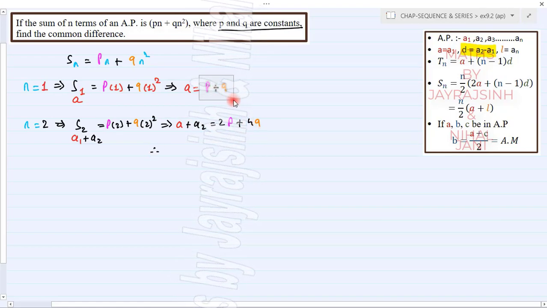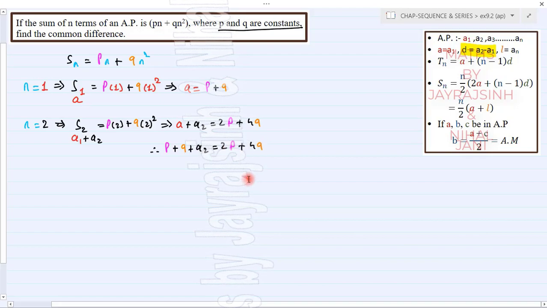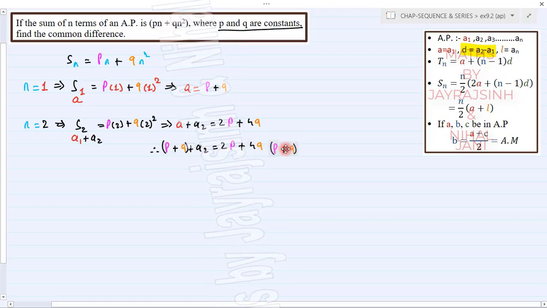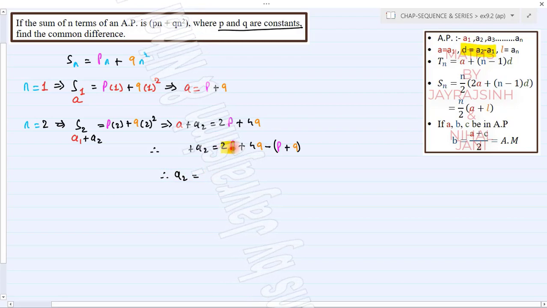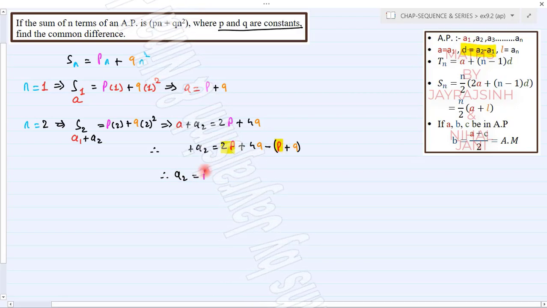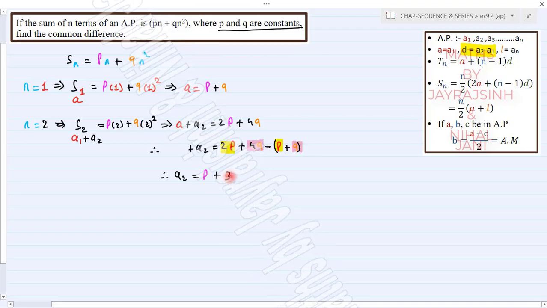But we already found the value of a1. So we can get the value of a2 by moving the value of a1 to the left side, and it will become minus. So we will get a2 is equal to 2p minus p, or we can say p, and 4q minus q will be 3q.